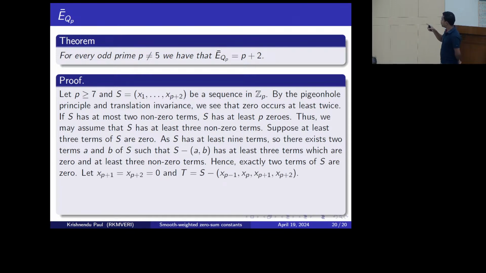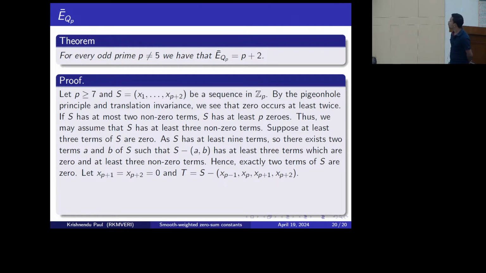Now suppose it is not the case that at least 3 terms are 0, so that means 0 can occur at most twice, and before we have said that 0 occurs at least twice, that means 0 occurs exactly twice.